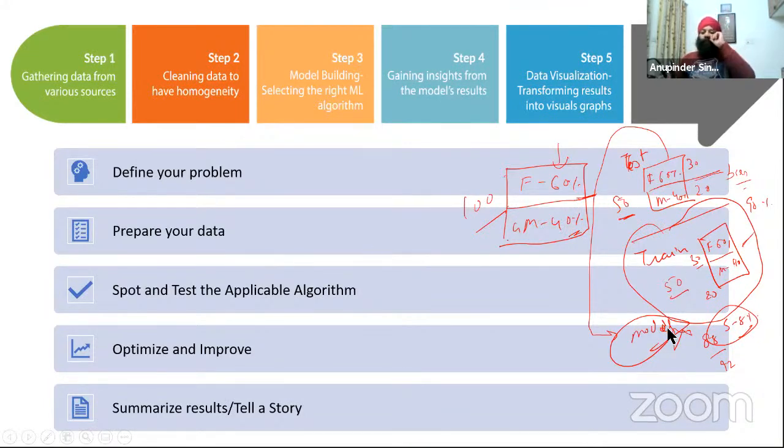Then once you identify that the model is being prepared, but there is certain fine tuning we can do to make it more accurate, in that case optimization happens, and this optimization is going to result in improvements.